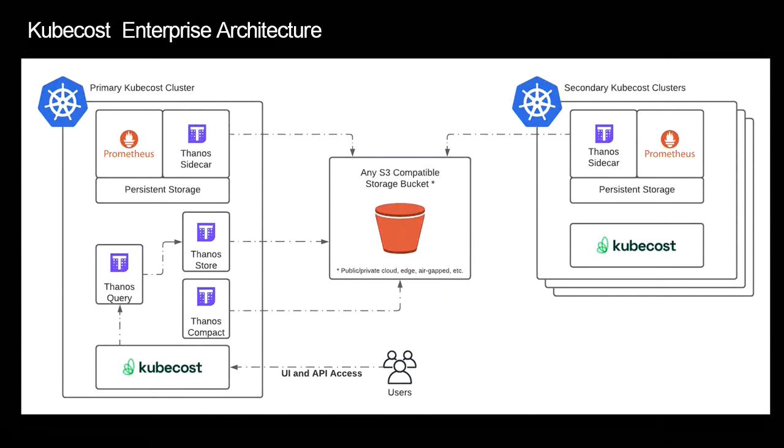The primary difference between the free version and the paid version is how you're storing the data. So data durability is the primary difference. Okay, as you can see in this architecture diagram, we have something called Thanos containers. These are something like a sidecar.